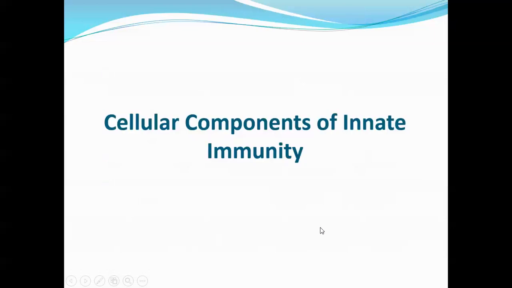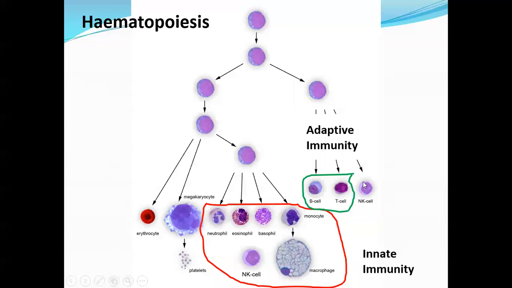So with regard to the cellular components of innate immunity, I don't know if you did hematopoiesis last year. So just a revision: within our bone marrow, we have these so-called stem cells, which are the progenitors of all the different blood cells in the body. From these stem cells, as they differentiate, they become more committed to particular lineages.